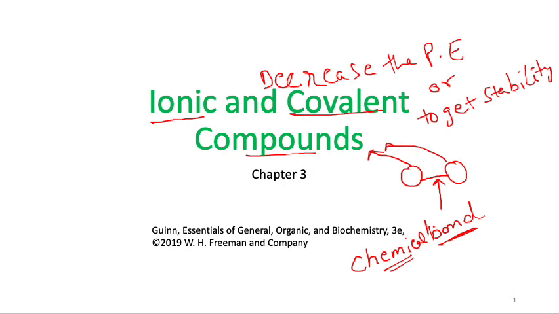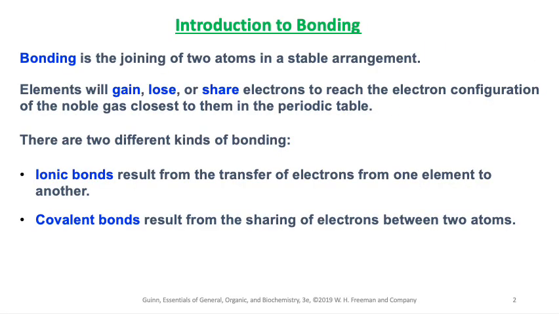Okay, so now let's get to the new slide. Bonding, like I already told you on the previous slide, is that atoms normally combine through a special kind of interaction that we call a chemical bond. So bonding is the joining of two atoms in a stable arrangement. And then, how do the atoms within elements normally combine together?